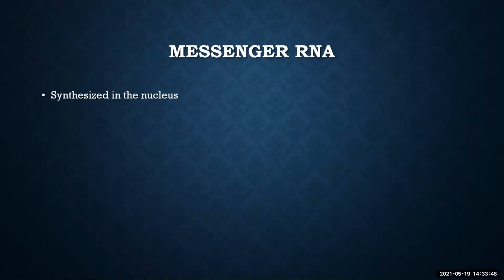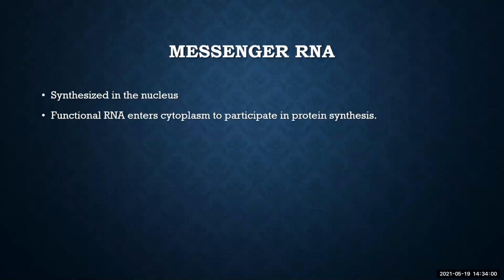Okay, so DNA is always present in the nucleus of the cell. A copy is produced, and that copy is called messenger RNA. So this synthesis of messenger RNA happens in the nucleus. Functional messenger RNA then enters the cytoplasm. It comes out of the nucleus into the cytoplasm and then participates in the process of protein synthesis.